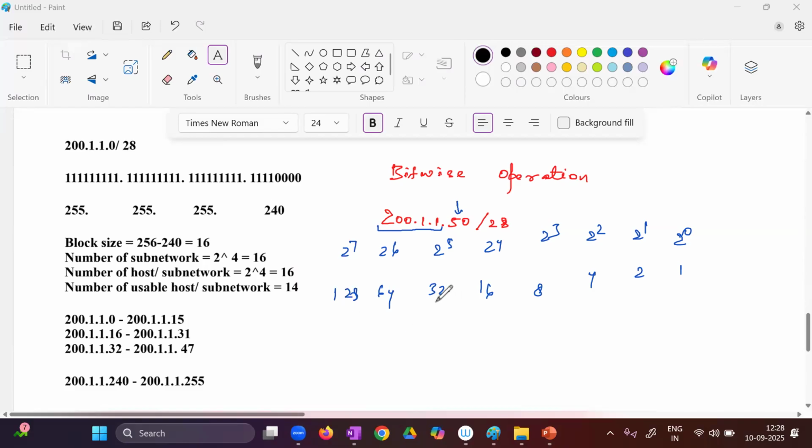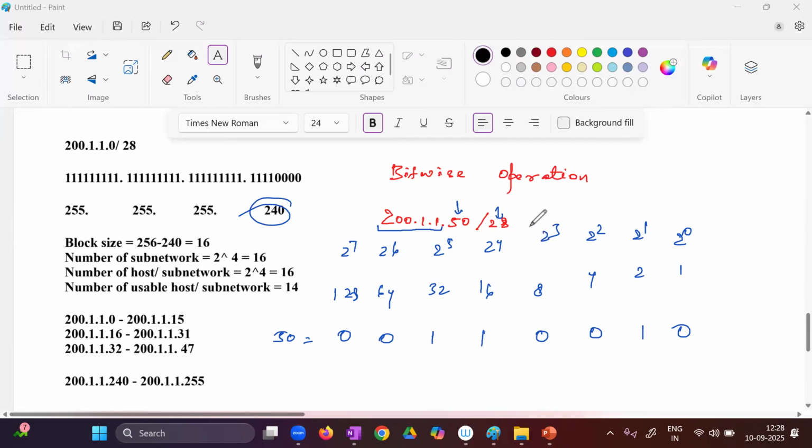I am telling you to write 50, right? To write 50, are you going to use 128? No. 64? No. 32? Yes. 16? Yes. How much did you get? 48. Then 0, 0, 1, 0. 50 you have written. Correct? Then you will write what? 28. 28 means what? Four 1s and four 0s. That we know. Okay, forget this 28. What you will do is write this 240.